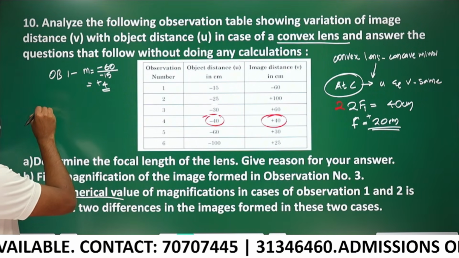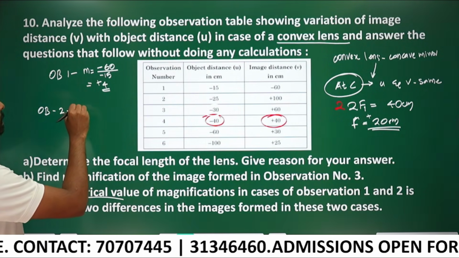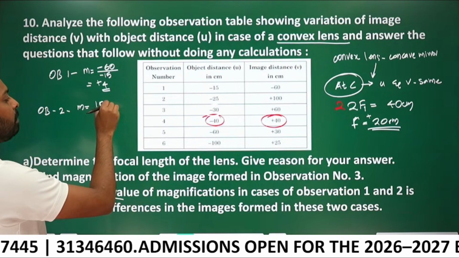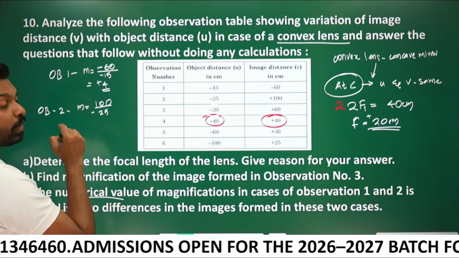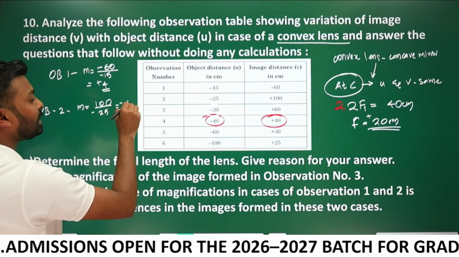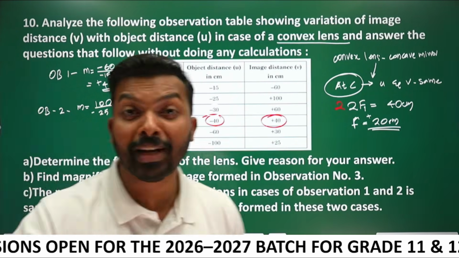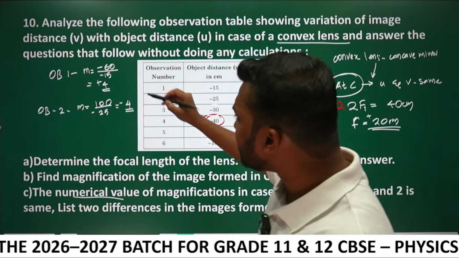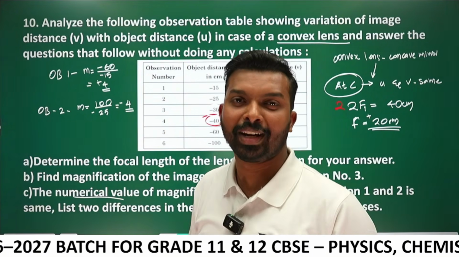Now what does observation number 2 give you? Magnification is equal to 100 by minus 25, so it will be minus 4. Now what is the difference between these two? This gives you plus 4, this gives you minus 4.